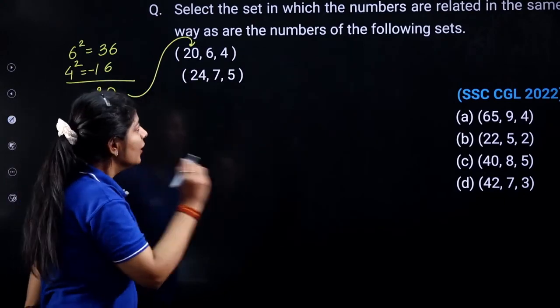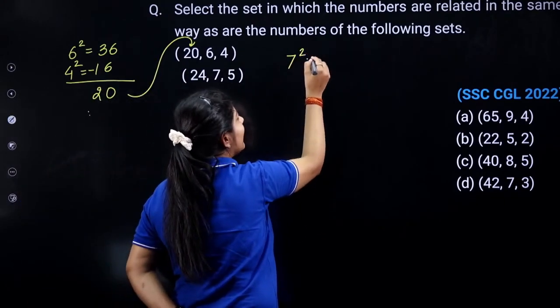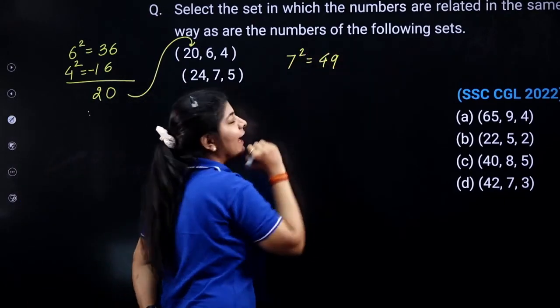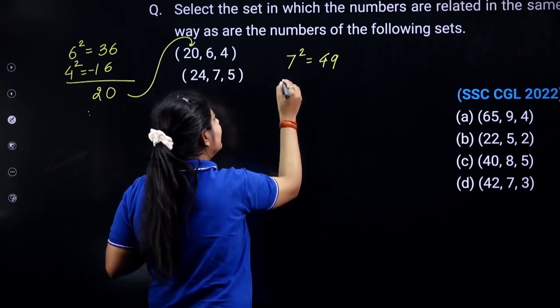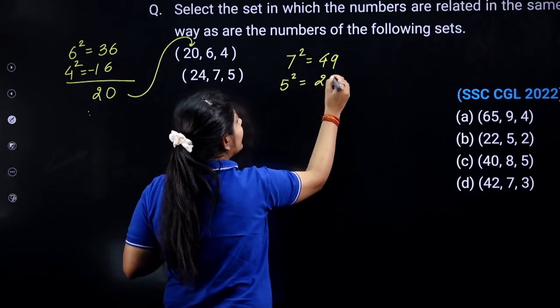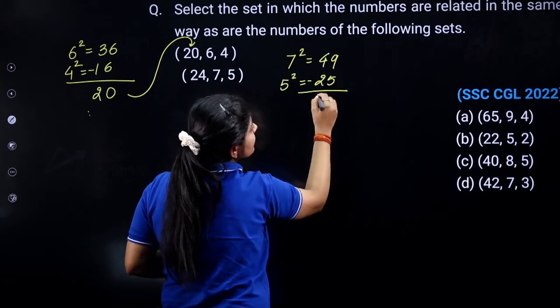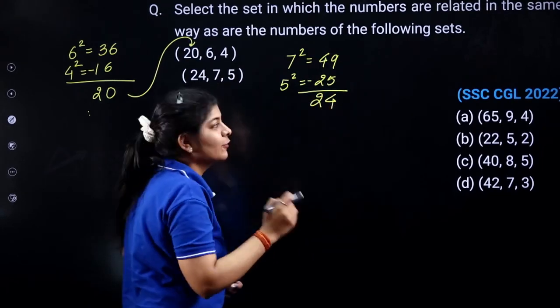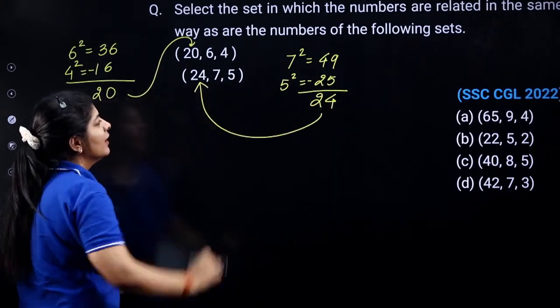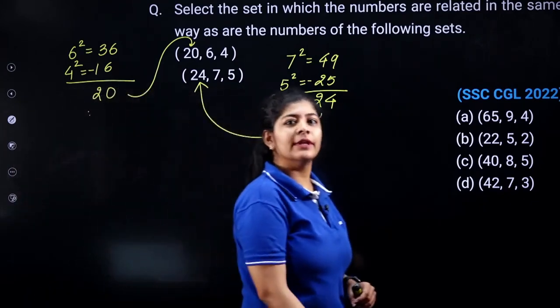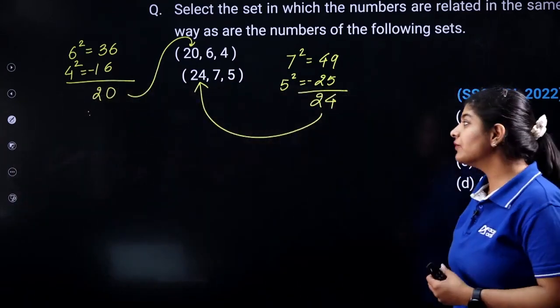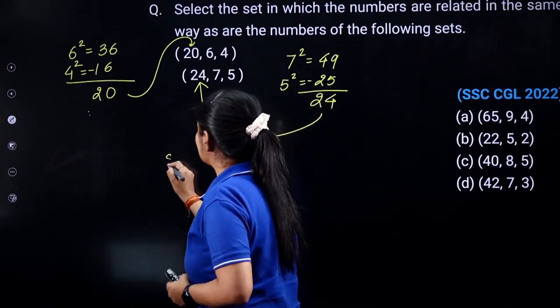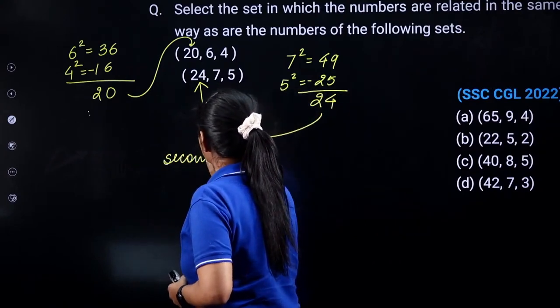Now what is the square of 7? That is 49. And what is the square of 5? That is 25. If I subtract these numbers, I am getting 24, which is again mentioned over here. So are we getting the pattern over here? Yes. So what we have to do? First we have to determine the square of the second number.